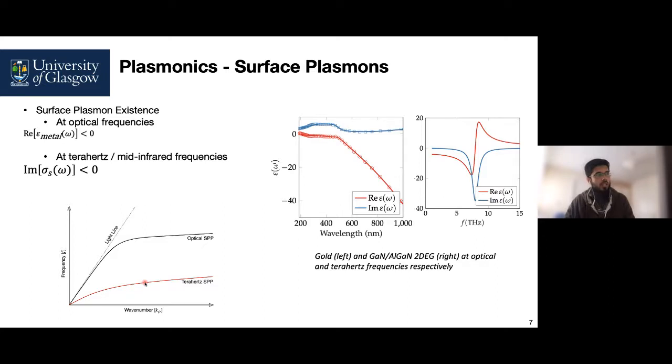So this will enable the development or the manipulation of electromagnetic waves to a much smaller scale. This particular feature is actually being used in imaging, which we will see in a short while as well.